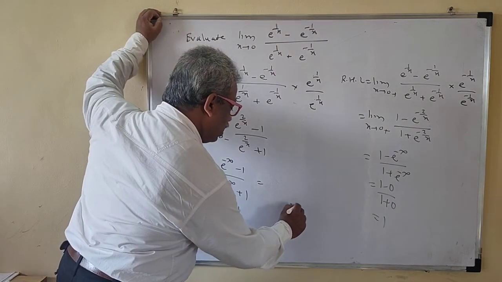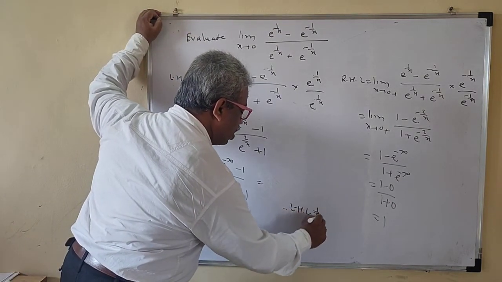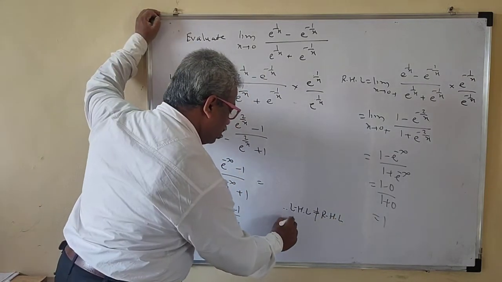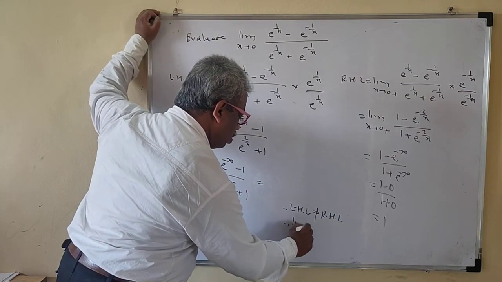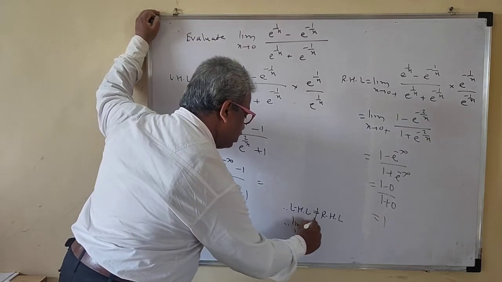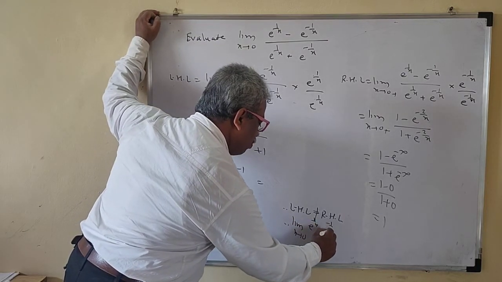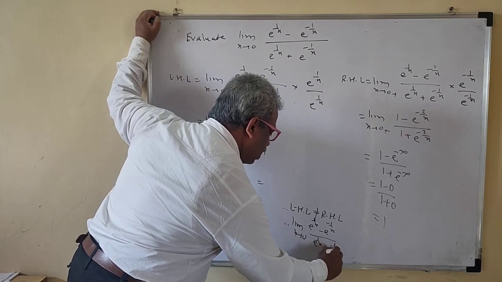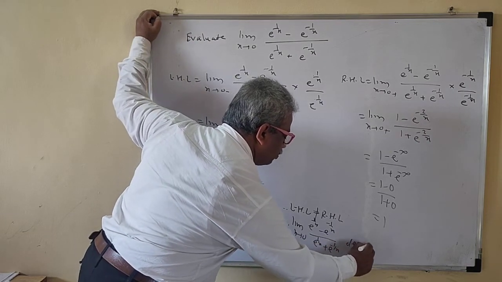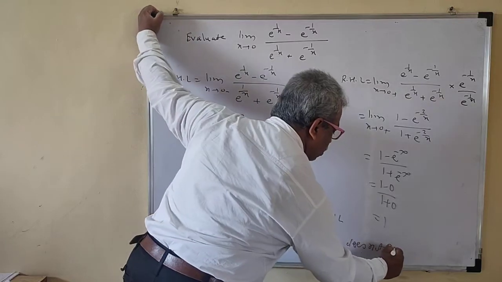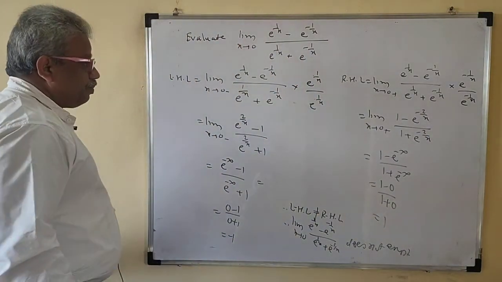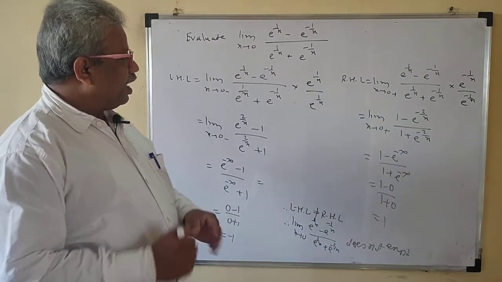Therefore left hand limit is not equal to right hand limit. So limit x tends to 0 of e raised to 1 by x minus e raised to minus 1 by x, upon e raised to 1 by x plus e raised to minus 1 by x does not exist. Now this is the end of the problem.